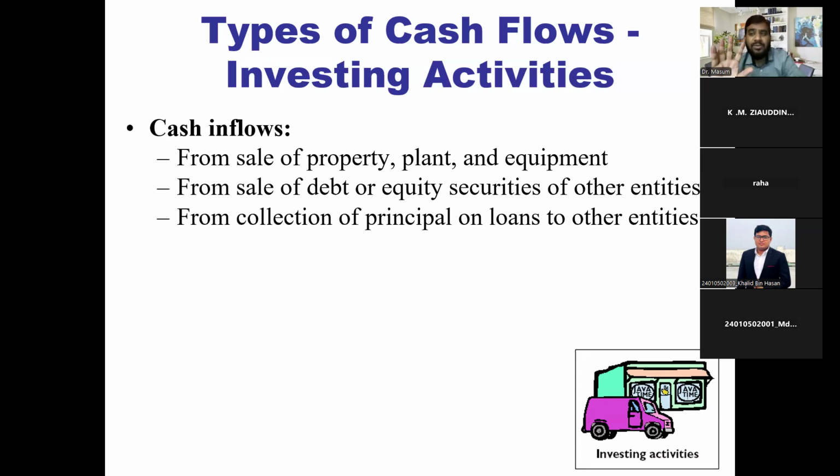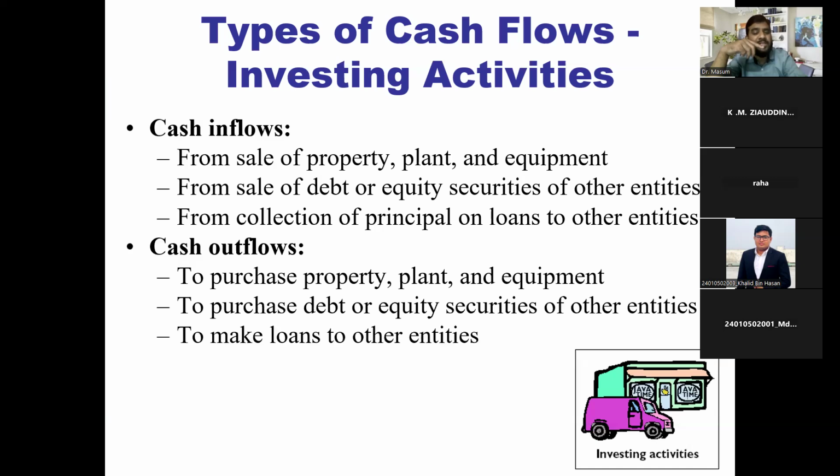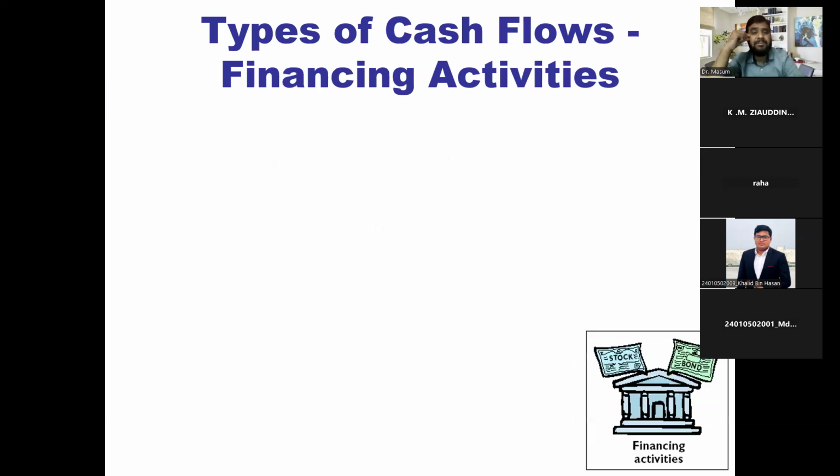So you provided a loan, interest receipt is operating, but principal receipt, that means the loan you provided, now you get it back, is investing activities. Outflows include purchase of property, plant, equipment, purchase of debt security, equity shares, and providing loans to anybody, to make loans to other entities. All right. And this is investing.